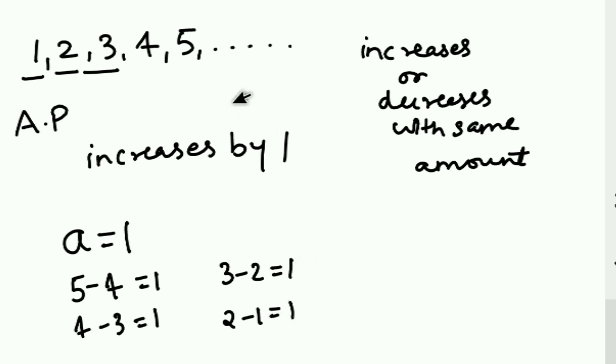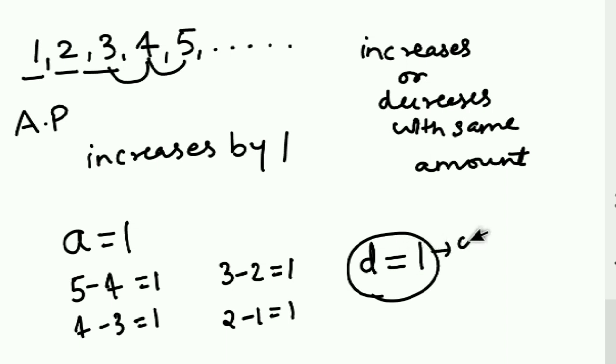It means that for every two consecutive terms the difference is common, which is called the common difference and is denoted by a small d. So d is equal to 1. This is your common difference. For every two consecutive terms you are getting a difference of 1.